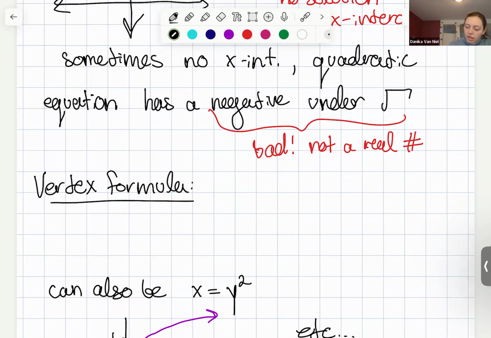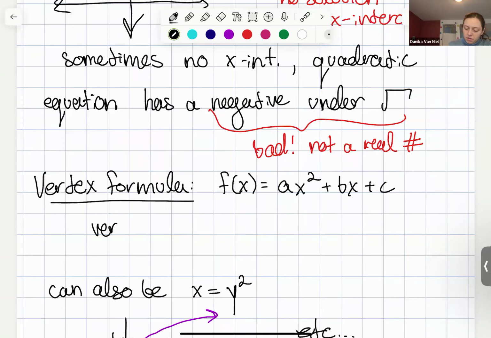So if I call my parabola f of x, and I say ax squared plus bx plus c, the vertex, the x value is negative b over 2a. And then the y value, just plug that x into it.